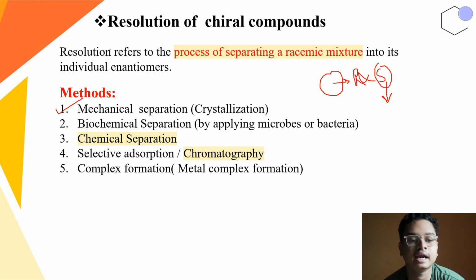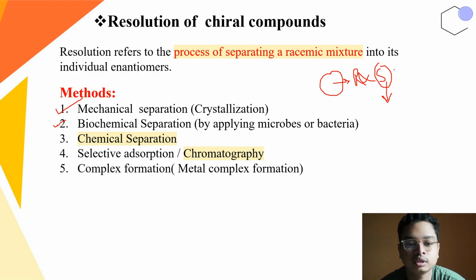So there is another method, enzymatic separation. This is a biochemical separation observed mainly in microbes or bacteria, where both isomers can be produced, and the microbes have their own chiral environment, because their body produces some kind of chiral compound, and this chiral compound can interact with either of the enantiomers.